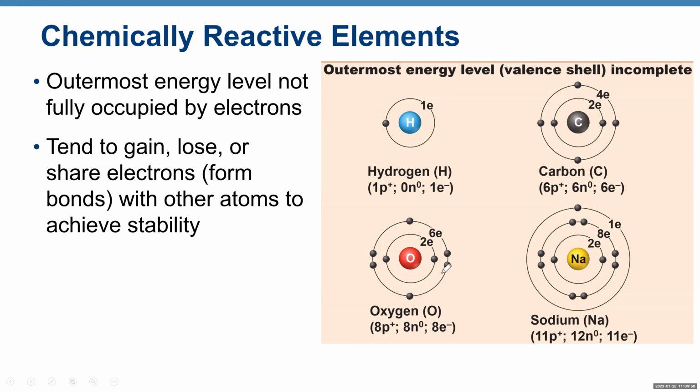Oxygen has 6, so it needs 2 more to be stable. Sodium only has 1. Now, what do you think? It either needs to gain 7, right? Or lose this 1. And then the previous energy level has 8 electrons, right?